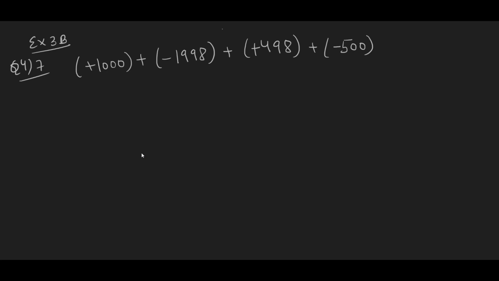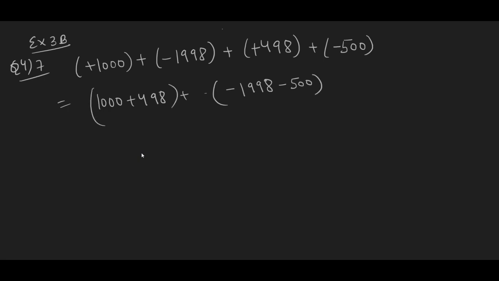which are with the positive sign. So 1000 plus 498, and the numbers with the negative sign are minus 1998 minus 500.